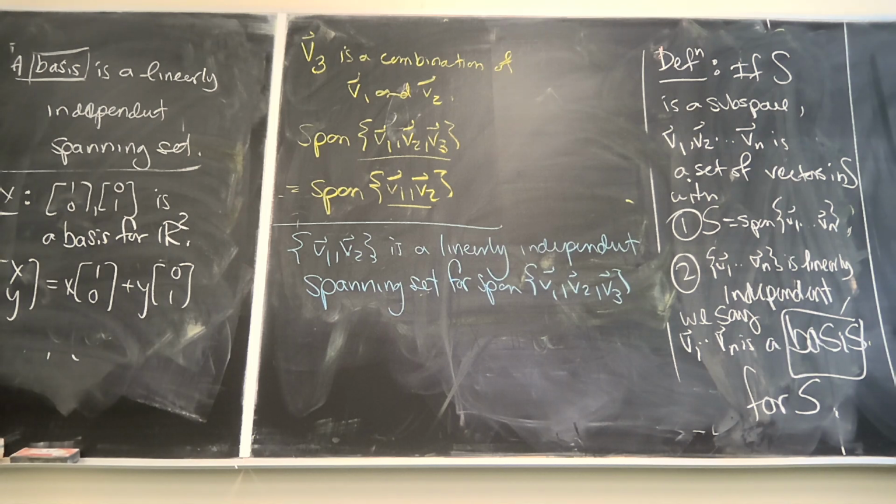Okay? So a basis is sort of like the skeleton of a vector space. The minimum information that you need to recover it. I will point out, they are not unique. They're highly not unique.